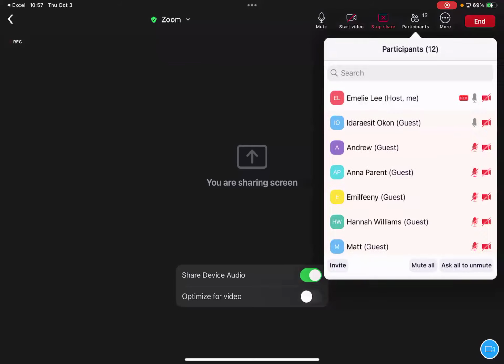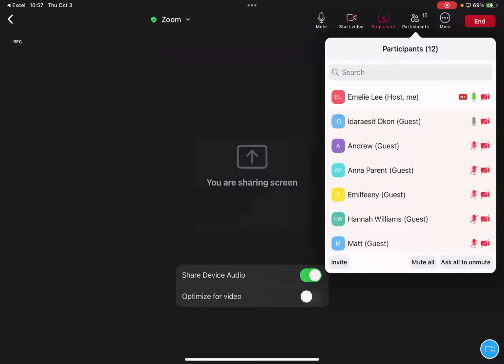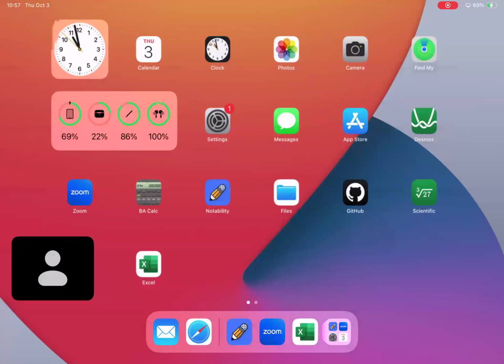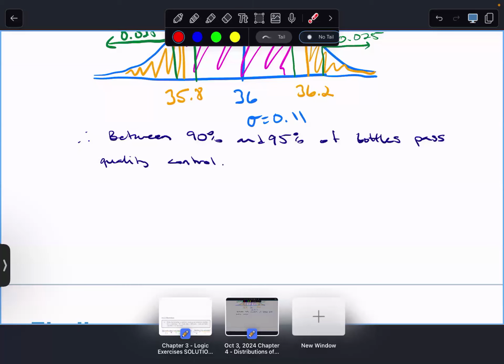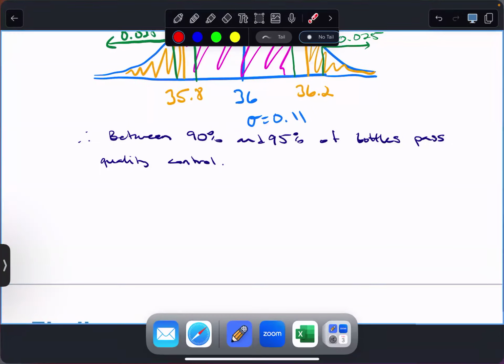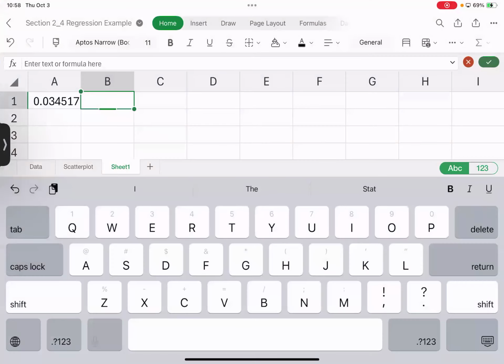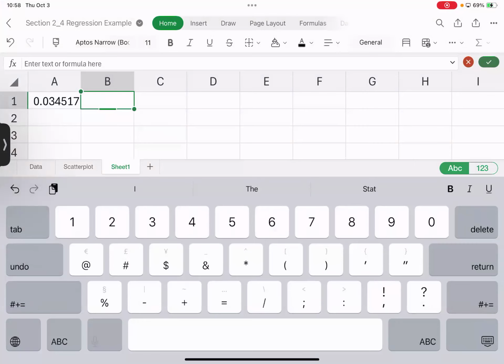But in Excel, one of the ways that you could do this is you could say, okay, this is going to be equal to, where's my equal sign?